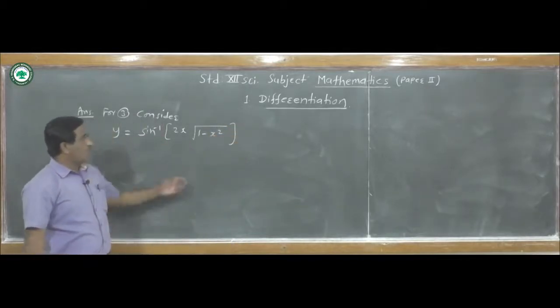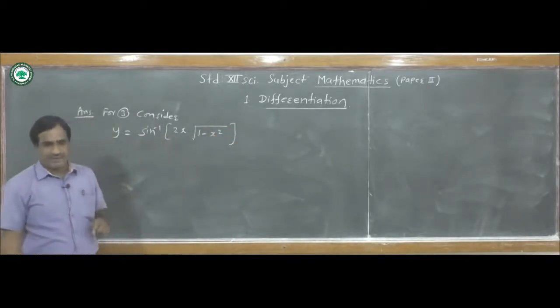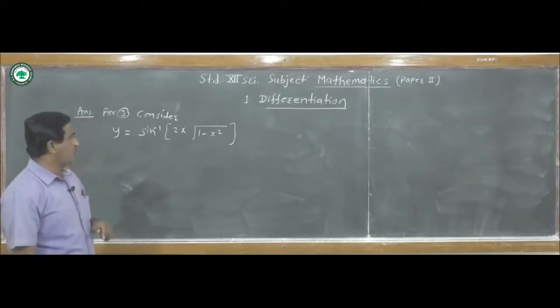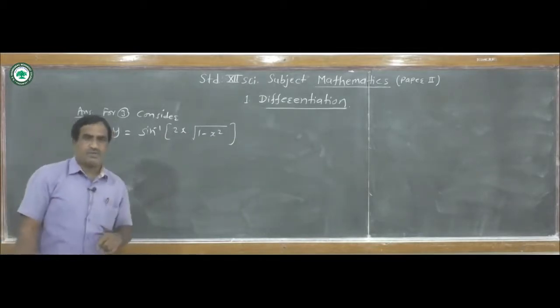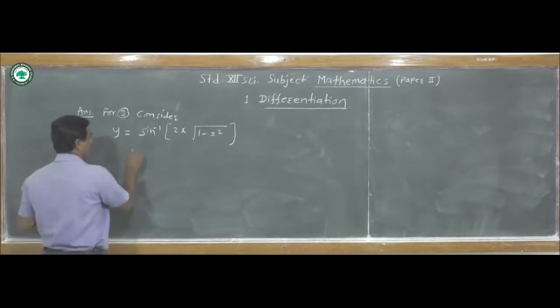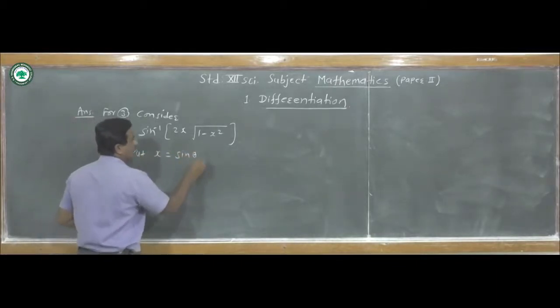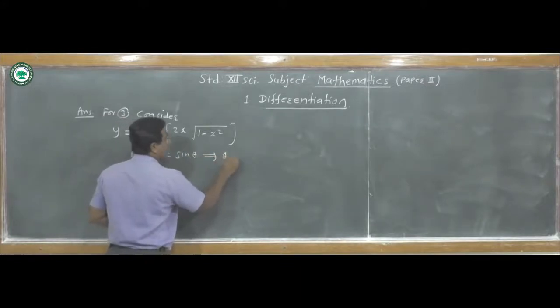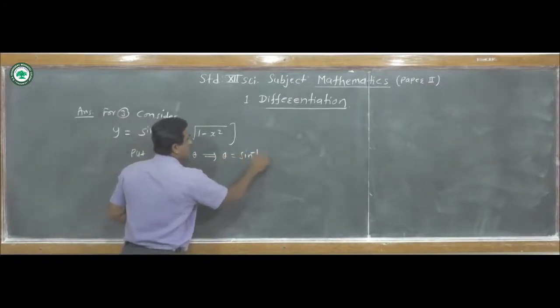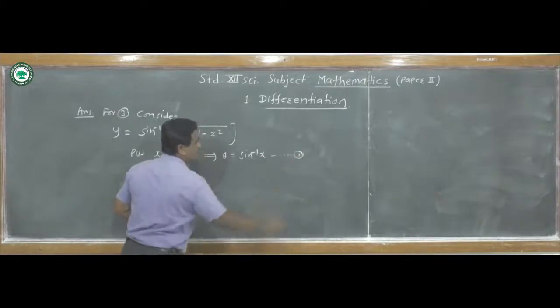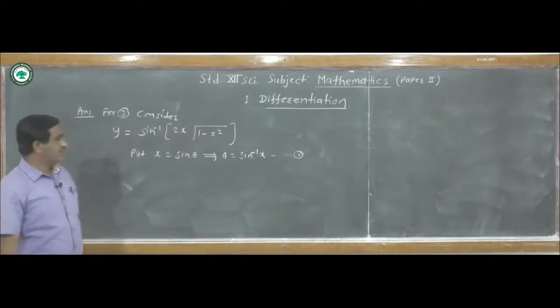Now here also we have to convert this angle in the form of sine. Therefore, we use substitution here. Put x equal to sine theta. This implies that theta is equal to sine inverse of x. Call this equation number first.